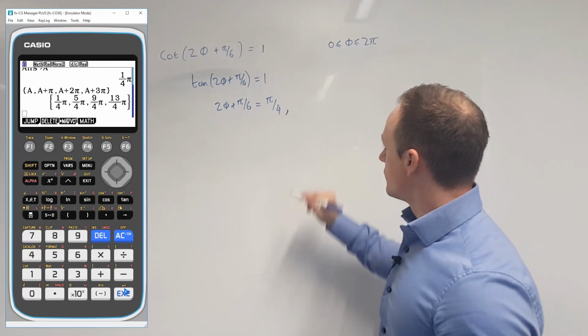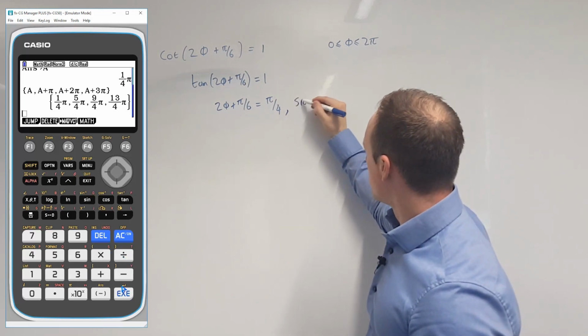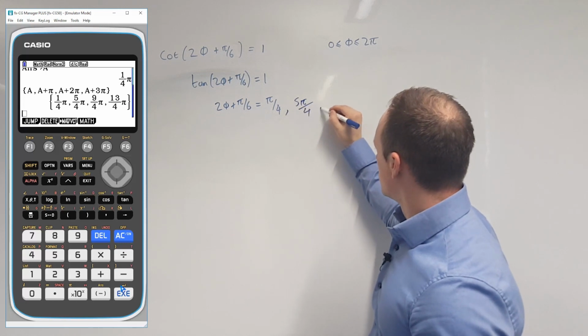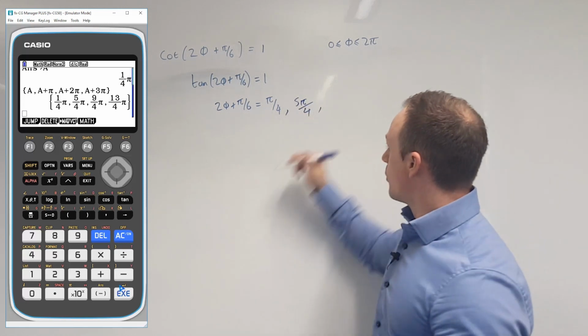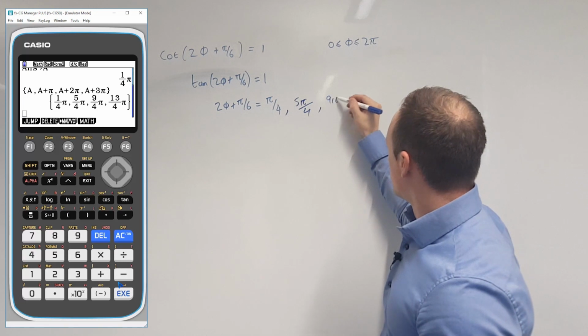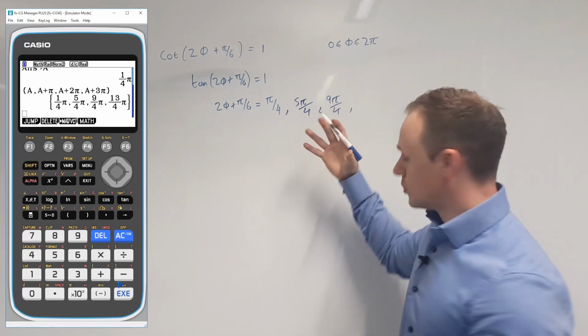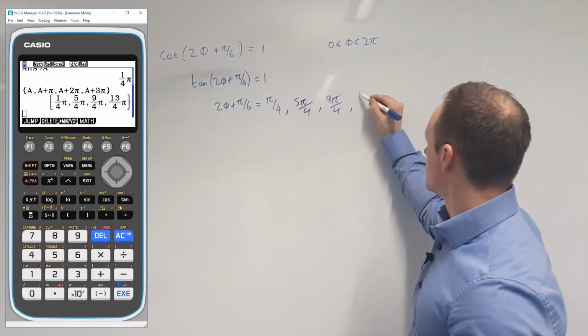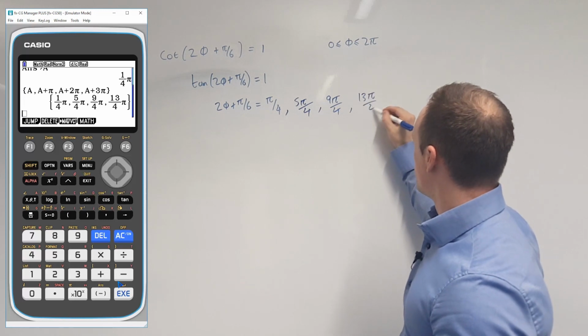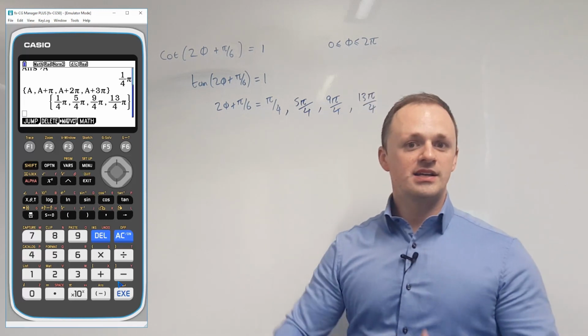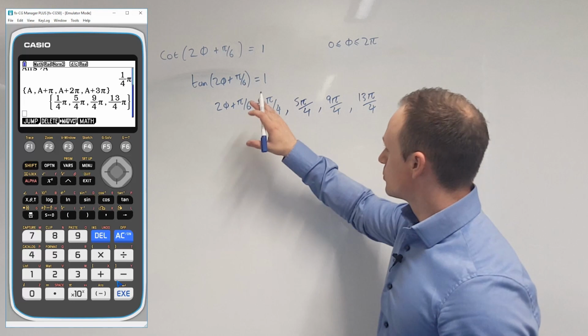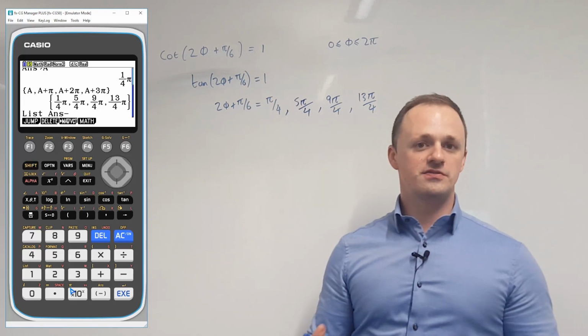So if we do pi over 4 plus pi, we're going to get 5 pi over 4. If we add another multiple of pi, we're going to get to 9 pi over 4. And if we add another multiple of pi, we're going to get to 13 pi over 4. From here, take the list on your calculator, subtract pi over 6 from it, and then divide it by 2.